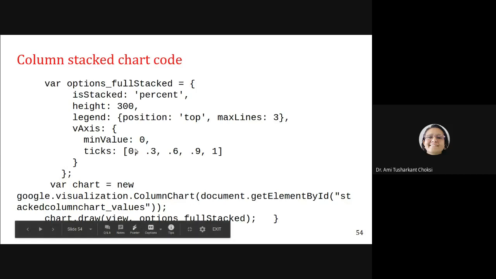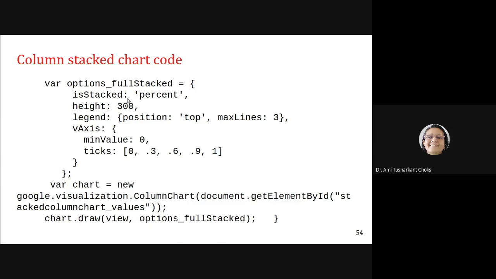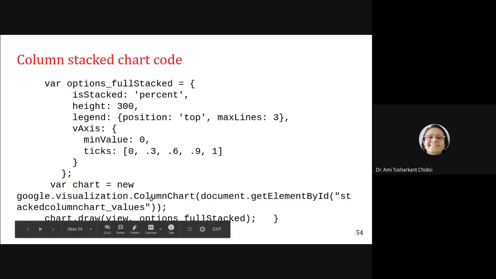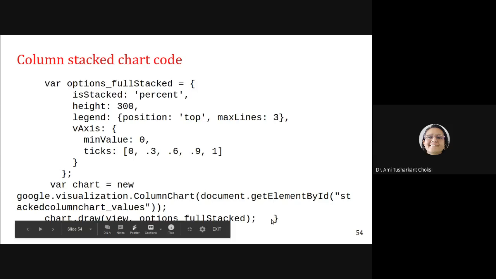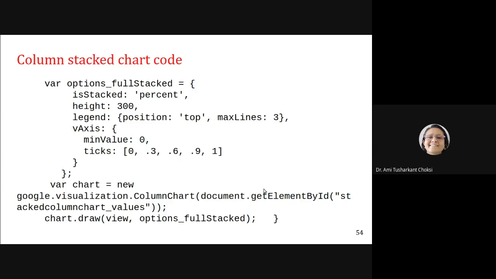No, that is being specified as the isStacked option. So here we are only having the column chart, document.getElementById, and stacked column chart underscore values. Where we need to specify this? Inside the div id, in the body. After that, we are writing chart.draw, view variable, options underscore full stacked, right?